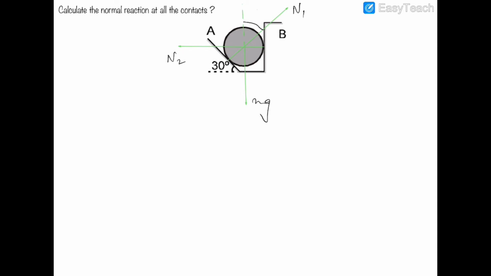This one is 30 degrees with the vertical. We can see that this angle will be 30. Now this angle is 30, so this one will be 60. So this angle will be 60, this will be 60, and this will be 30.